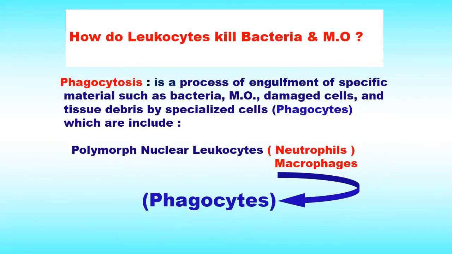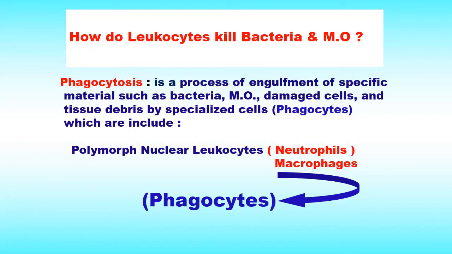How do leukocytes kill the bacteria and microorganisms? After the aggregation and activation of leukocytes or neutrophils at the site of inflammation, they start to kill the bacteria or any other microorganism by the process of phagocytosis.